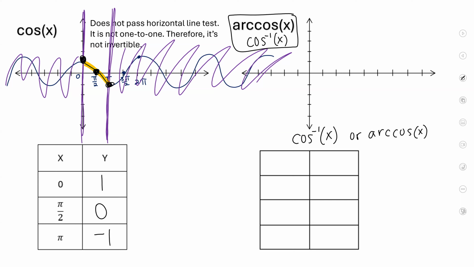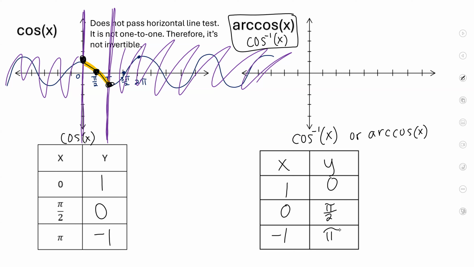These mean the same exact thing. All you have to do is switch the x's and y's. So that means these will be 1, 0, and -1. This will be 0, pi over 2, and pi. So not only do you switch the x and y values, you also switch the domain and range.